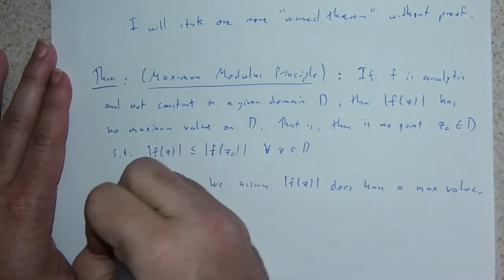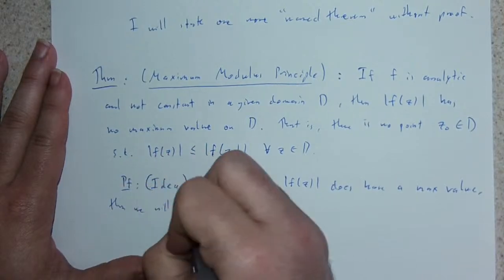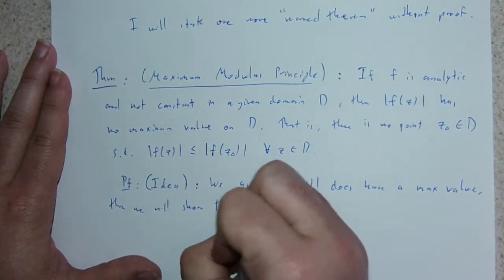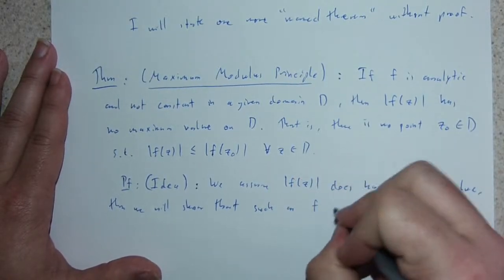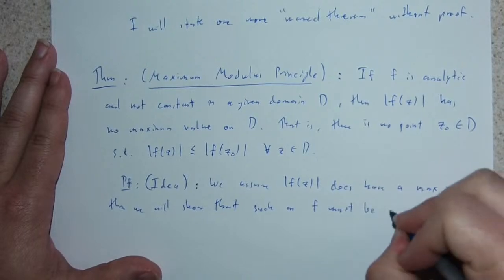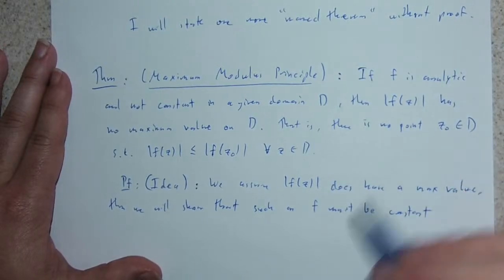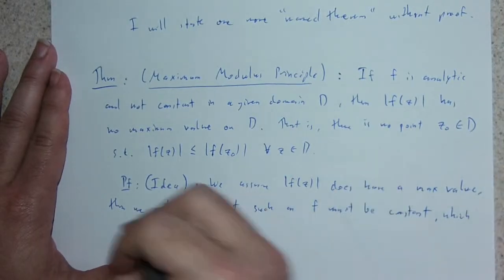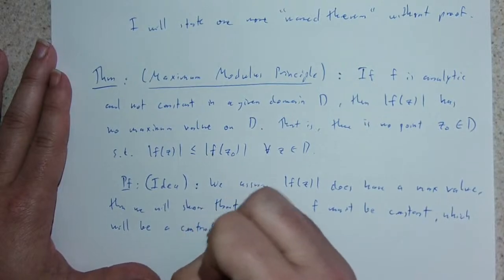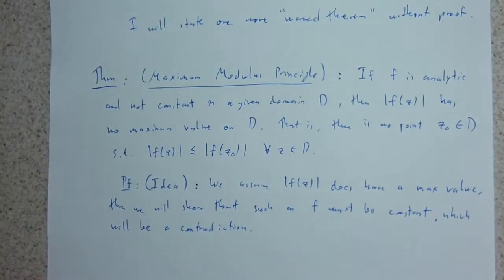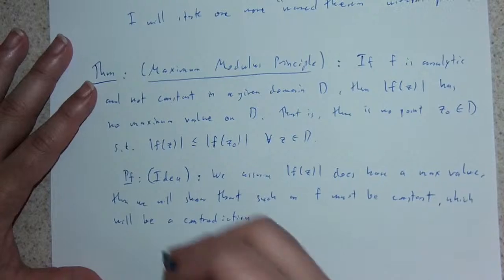Then we will show that such an f with these assumptions must be constant, which will contradict the fact that we've said that it's not constant. So this is the idea. This approach relies on the following lemma.